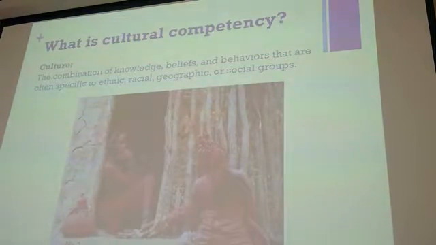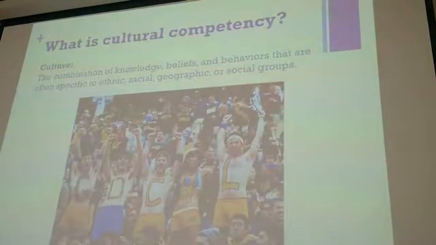I want you to imagine me traveling all the way to meet with these women and showing them this picture. They might have a lot of questions about what's going on here, but you guys all in this room immediately know what's going on. Of course, this is some kind of sporting event at Cal, but if I went there and showed this picture to the women, they might look at this and say, why do these people seem to be yelling? Are they getting ready to go to war?